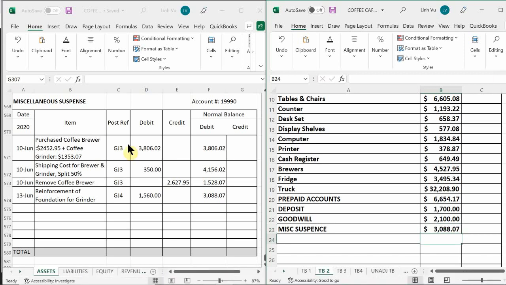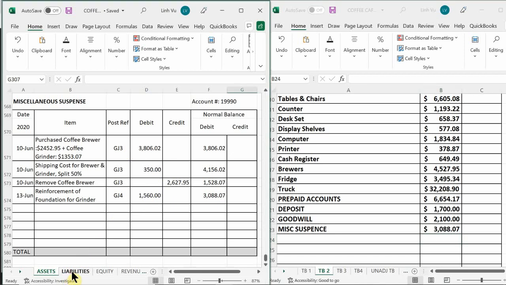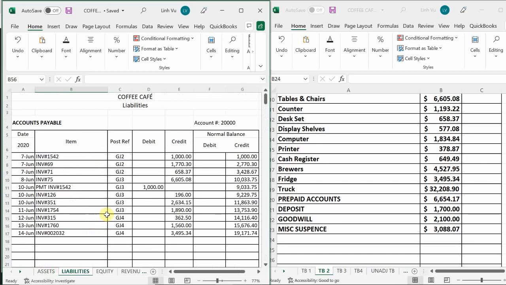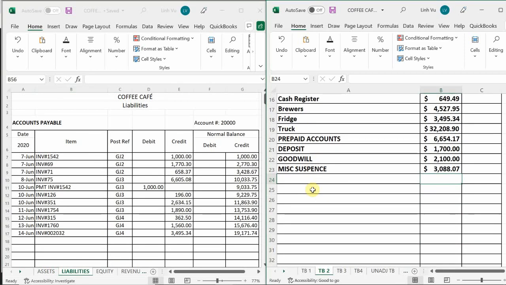So now I'm finally done with all my assets. So now liabilities. I have a lot of them. I started out with an accounts payable.